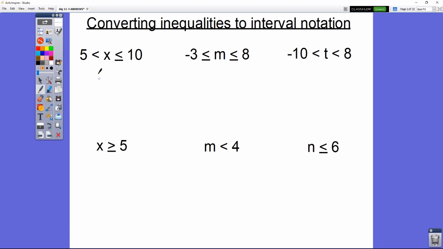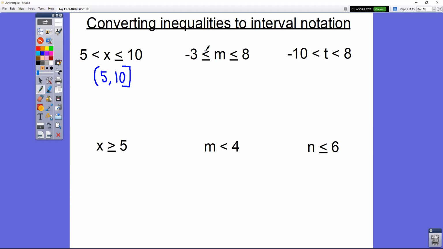So because it's less than, we would use the roundy parenthesis, 5, and then comma, we're going to have 10 because that's our second thing. And then you have to decide whether it's going to be a roundy or squarey. Because it is or equal to, we're going to use the squarey parentheses. So that's what it would look like in interval notation.